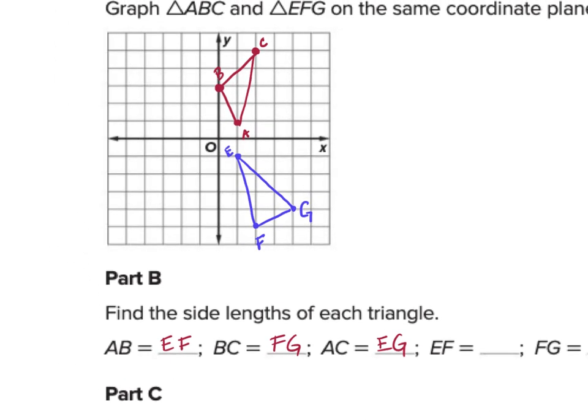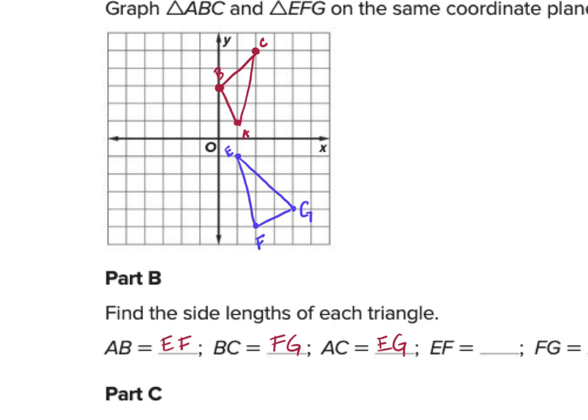Now let's look at it. Does FG look the same length as BC? It's not. When we do the distance formula, we would find out that it is not the same length, but just looking at the slope, this is up 1 over 2, this one is up 2 over 2, so I see there's a difference.